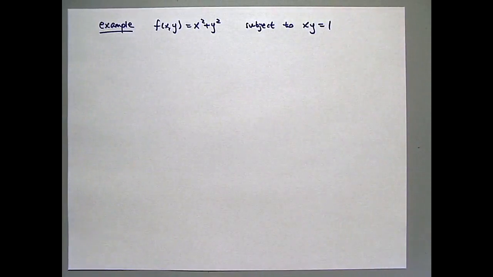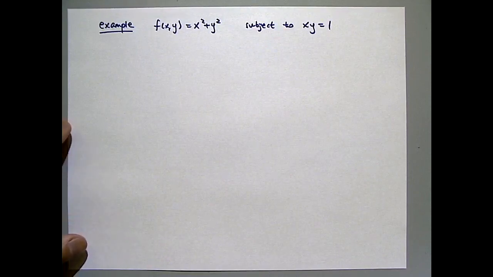The goal here is to maximize or minimize x squared plus y squared. The constraint is that x times y has to be equal to 1 all the time.